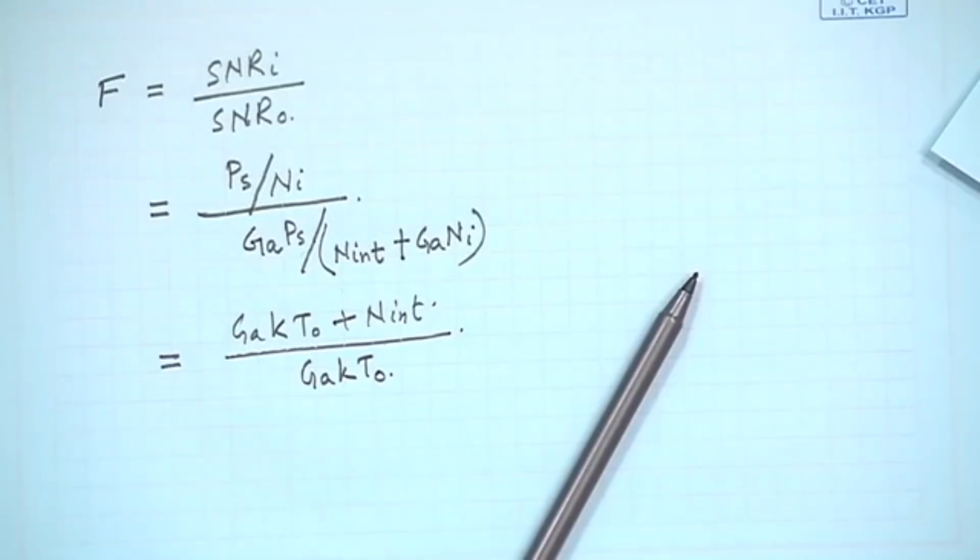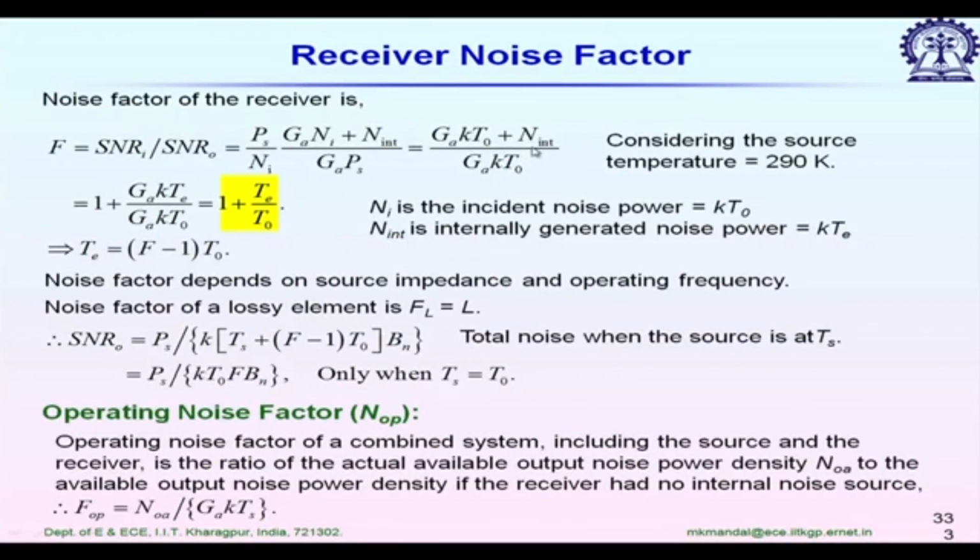From this, if I put N internal, given by Ga k TE, where TE is the equivalent noise temperature, it becomes simply 1 plus TE by T naught. TE is the effective noise temperature of the two port device itself, and T naught, for standard calculation, we will consider 290 Kelvin.